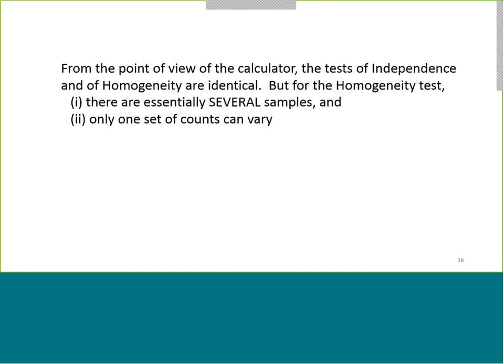And we saw in the independence test that the row totals and the column totals could vary because you only have 1 sample. Here, for the homogeneity test, the table looks the same, but before you start, you already know the row totals or the column totals, one or the other, and the other one is left free to vary.